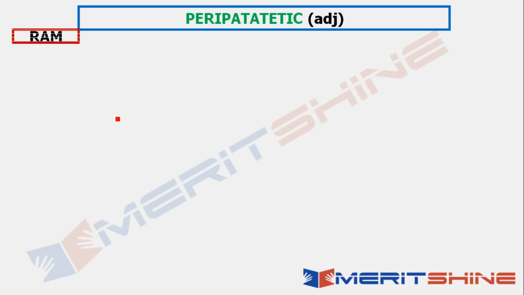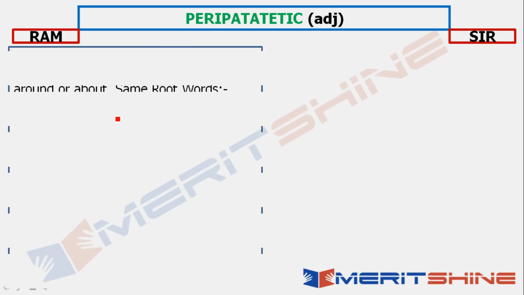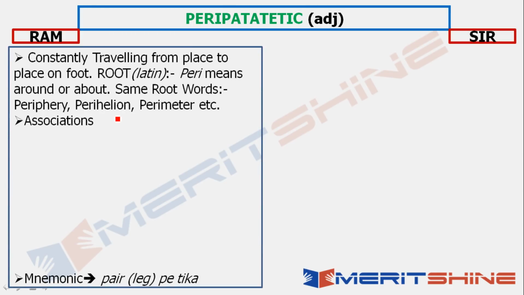Peripatetic. The meaning of peripatetic is constantly traveling from place to place on foot. The root is a Latin word, peri, which means around or about. The same root is in periphery and perihelion, right?